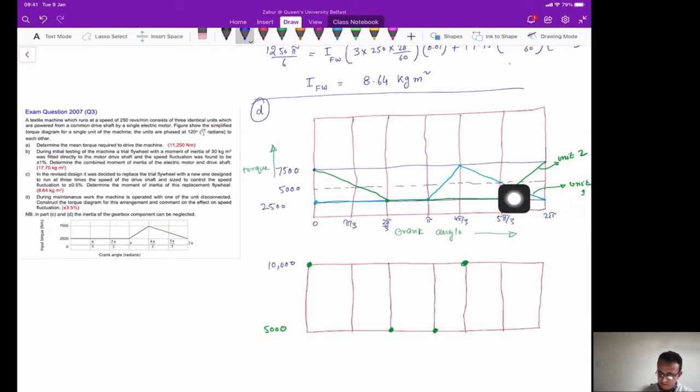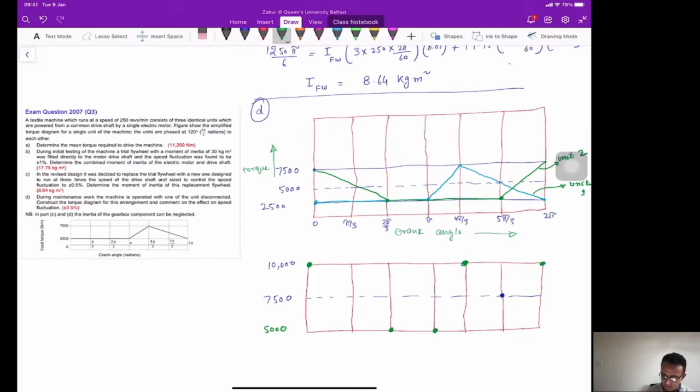So this value is between these two points, the 5,000, and at this 5 pi by 3 you have 2500, and then you have 5,000, so it will become 7,500. And finally at the end point, which is 2 pi, again you have two values, one is 2500 and one is 7,500. So you will get 10,000 here.